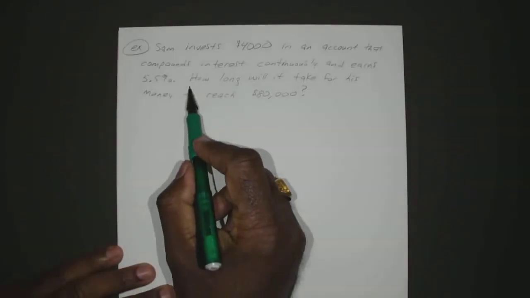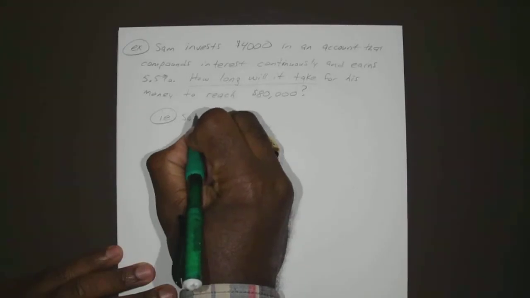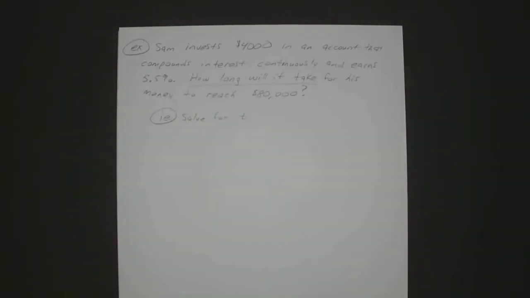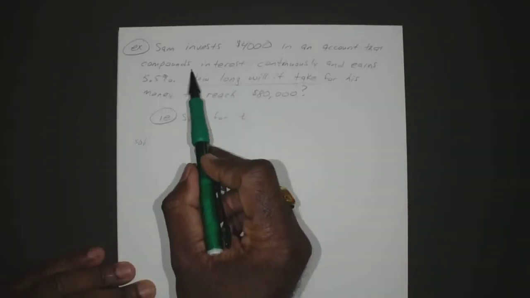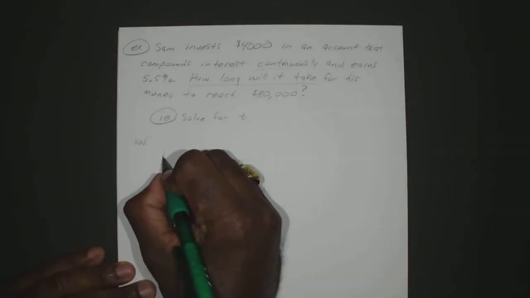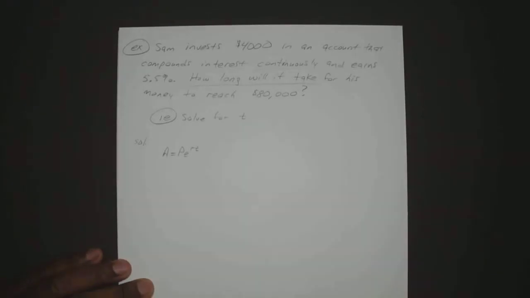Whenever you see how long will it take, that's just another way of saying solve for time. Okay, so it says continuously compounded, so we know we're going to use A equals P times e to the power of RT.